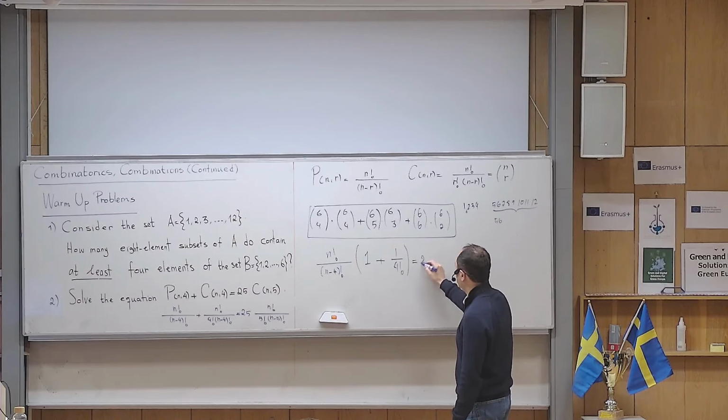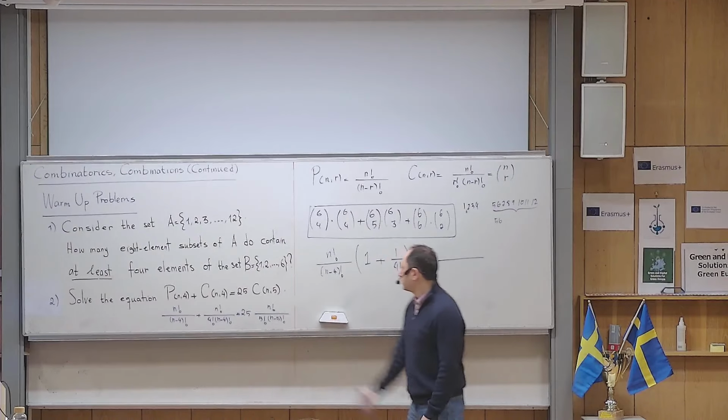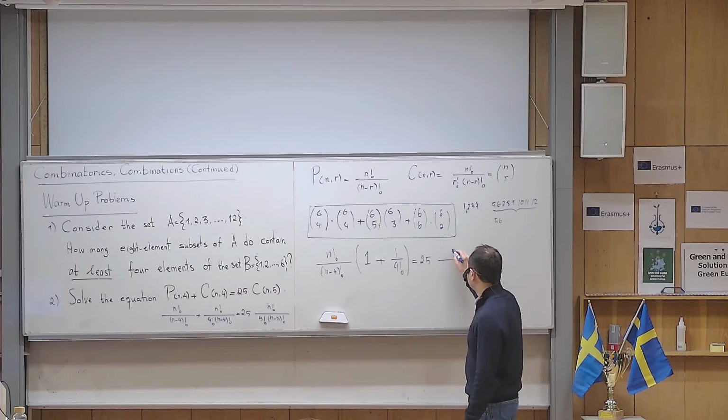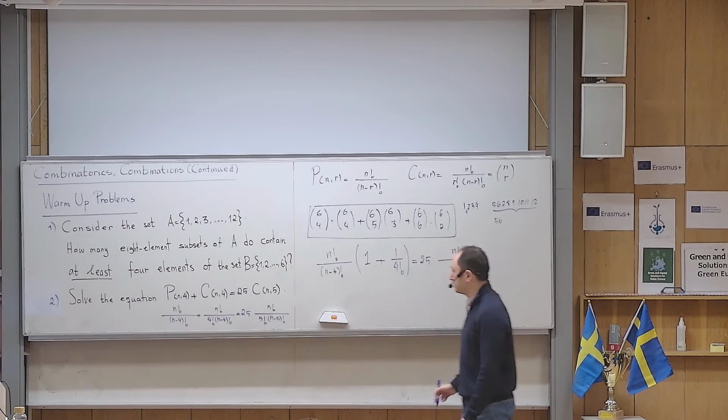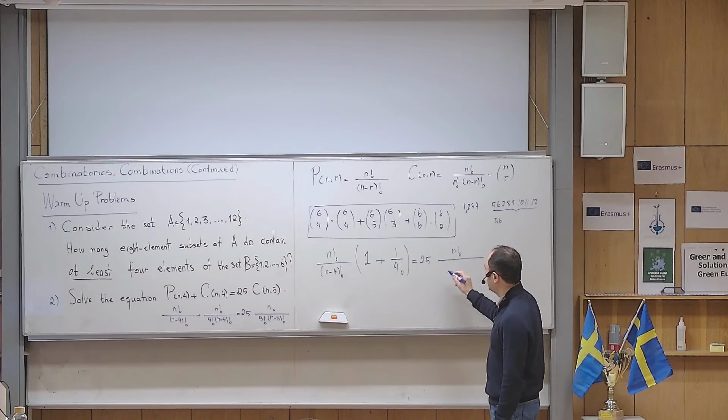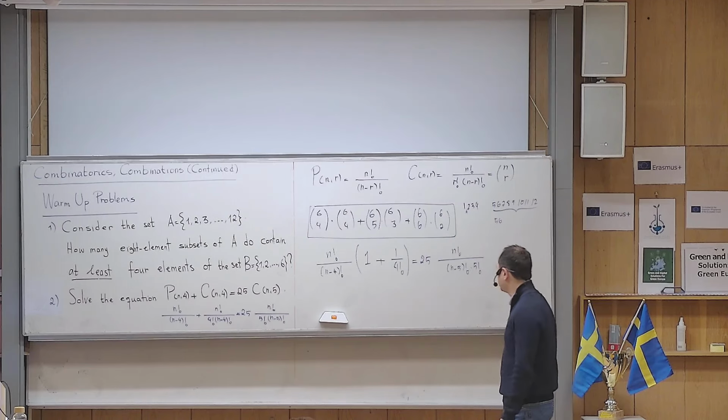I just write 25. Okay, it is better to simplify this n factorial by that n factorial. So if you don't mind, let us not change anything, and let me copy and paste this one as well. And I have a 5 factorial. So 5 factorial, let us keep it for the time being.